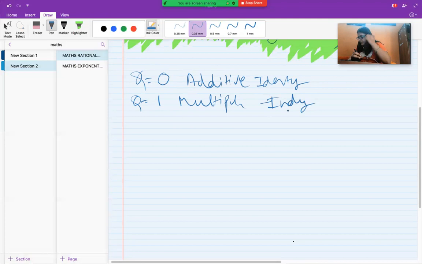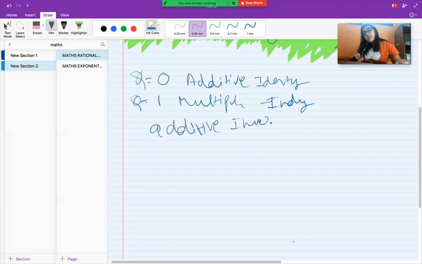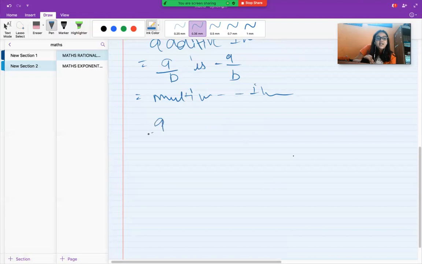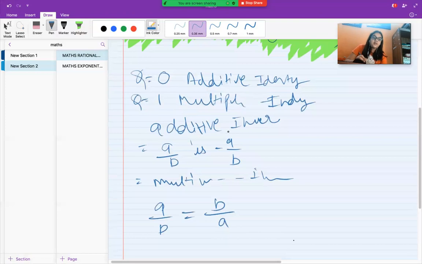Now the additive inverse and the multiplicative inverse are like this: the additive inverse of a by b is minus a by b, and the multiplicative inverse of a by b is b by a, as the reciprocal. I'll just highlight this.